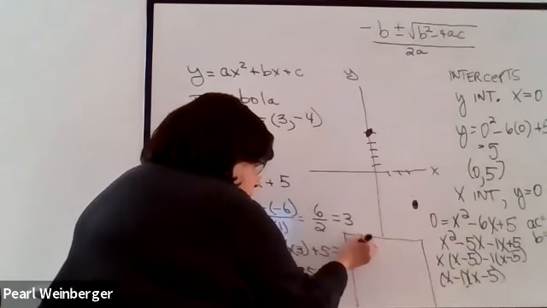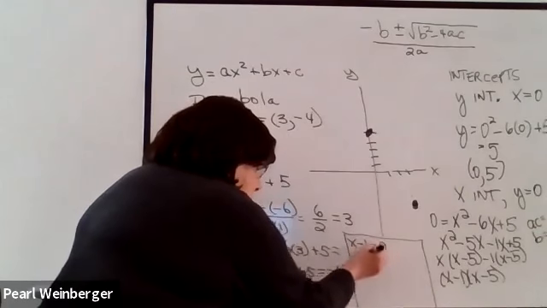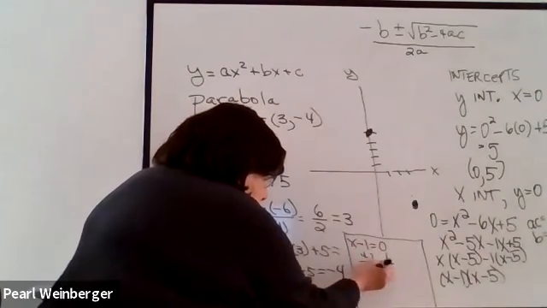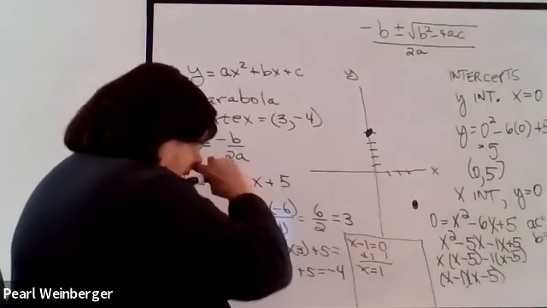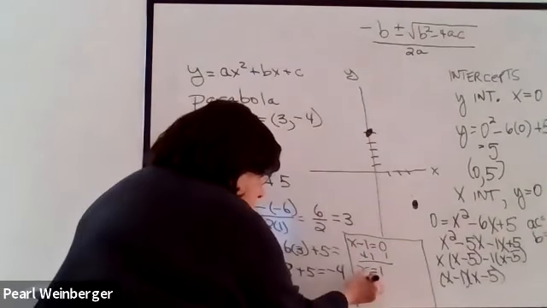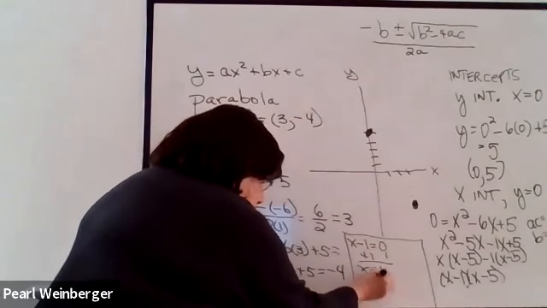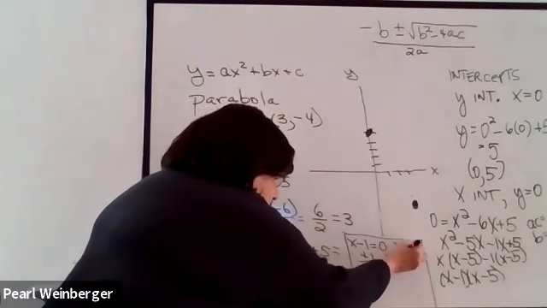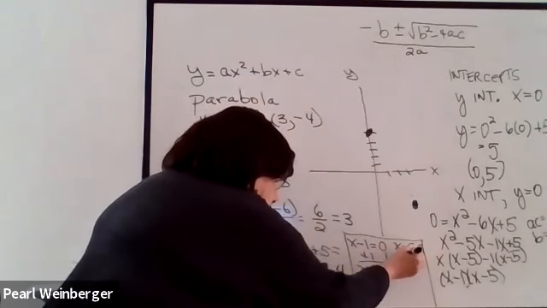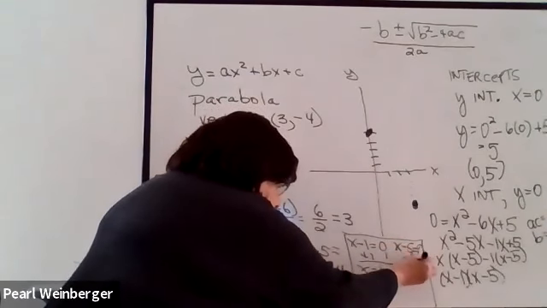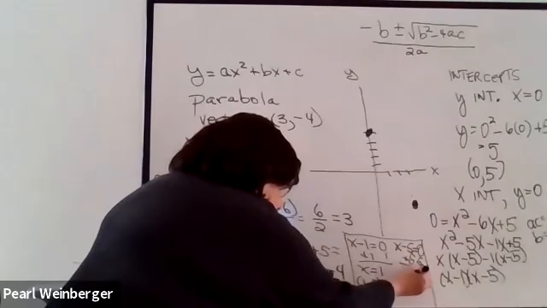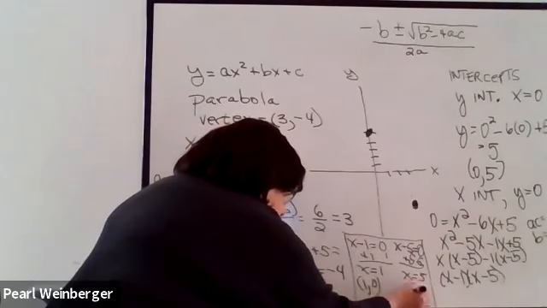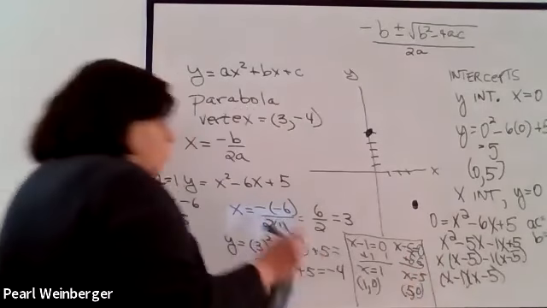And I get my x minus 1 equal to 0, which brings the x equal to 1. So 1 x-intercept is the point 1, 0. And the other answer, x minus 5 equals 0. I bring the 5 over, gives me x equals 5. So my other x-intercept is 5, 0.